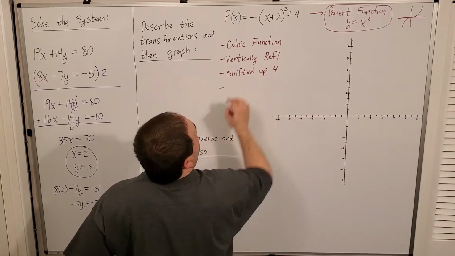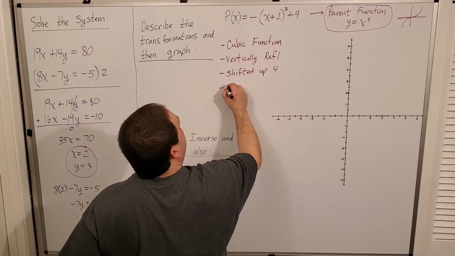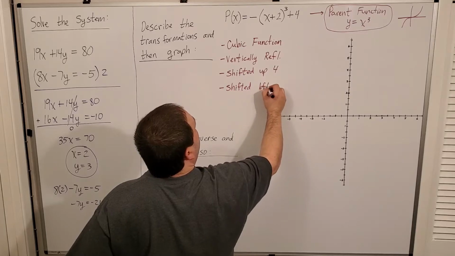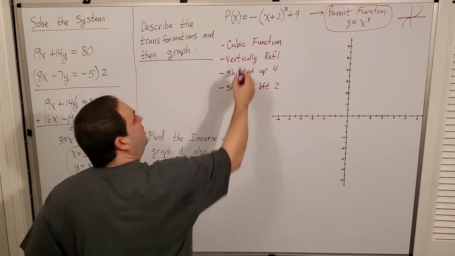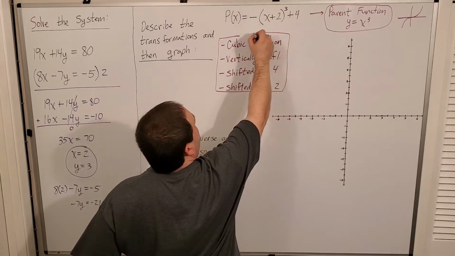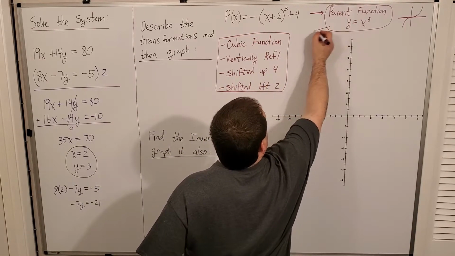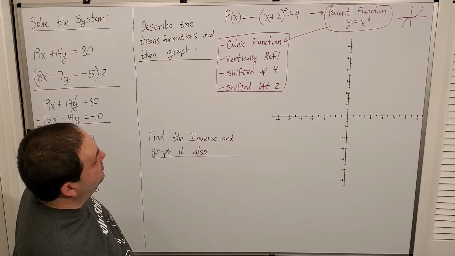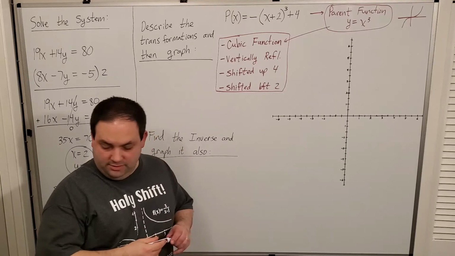And then lastly, the plus 2 here, it's been shifted left 2. So this is part of the answer right here. Excuse me. The cubic function part comes from the parent function, of course. And then all of the other things are the actual transformations.